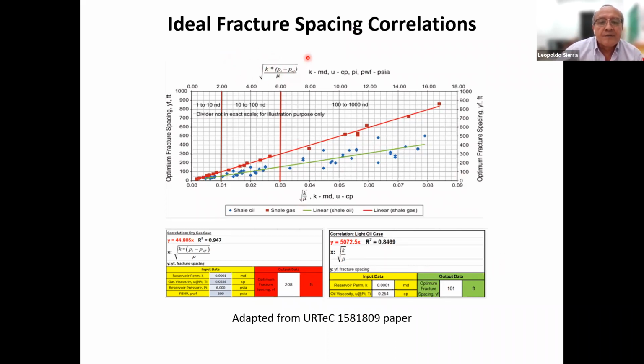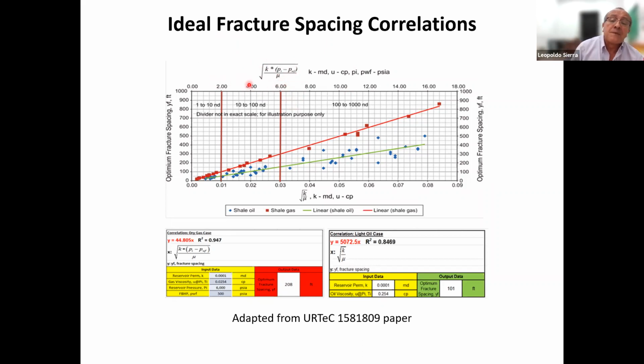So for gas, to optimize the ideal fracture spacing in unconventional gas producer reservoirs, we only need to know the permeability of the formation, the drawdown, and also the gas viscosity. If we know these three parameters, and mainly the permeability and the viscosity of the gas, we are going to be able to calculate this parameter, and using this parameter, we can come out here.